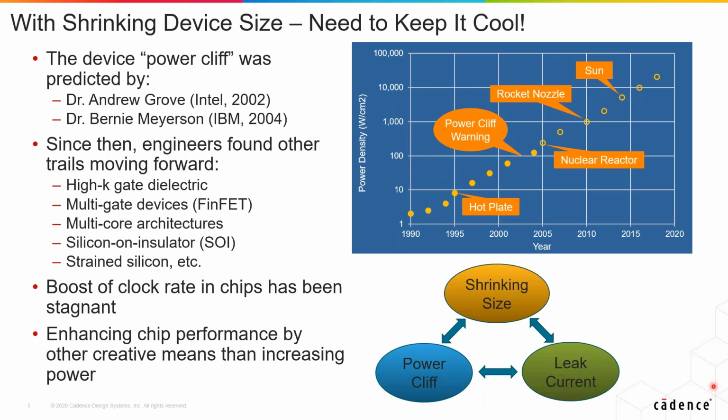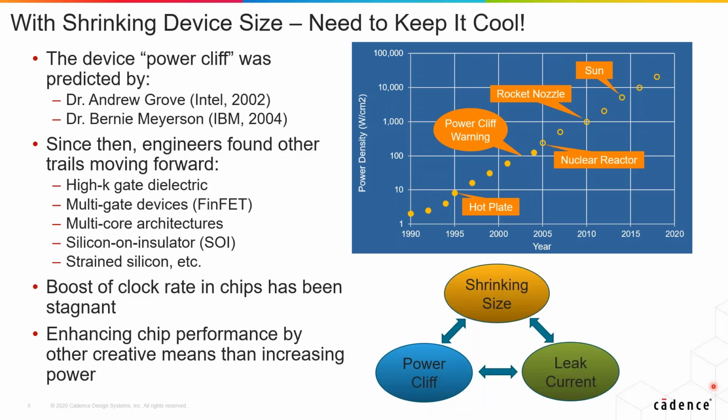Of course, we know things didn't happen that way, because engineers and scientists will try all means to fix the problem and make things work. So it came up with high-K gate dielectric, for example, or FinFET, or multi-core architectures, or SOI inventions, or even strained silicon, but that is not frequently used right now.